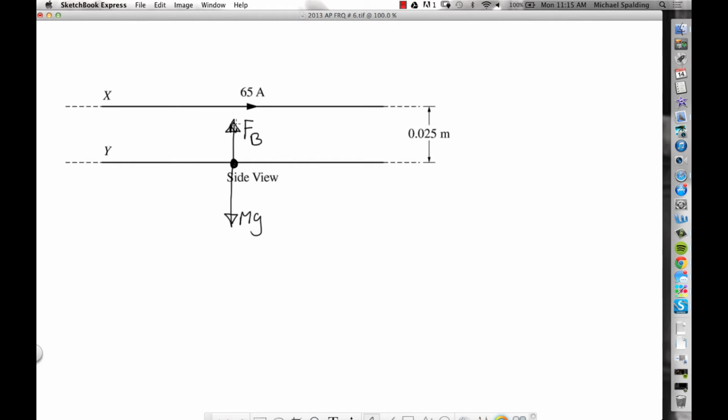Now look, the way to think about this problem: think about wire X. Wire X is the source of the B field, the magnetic field.